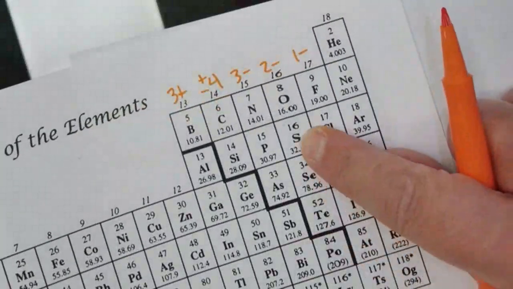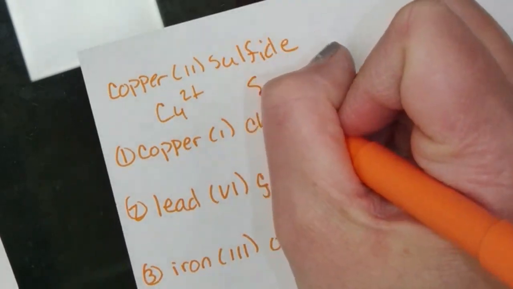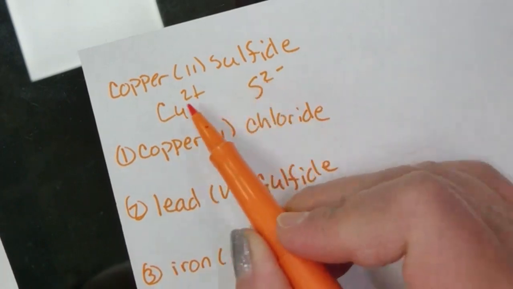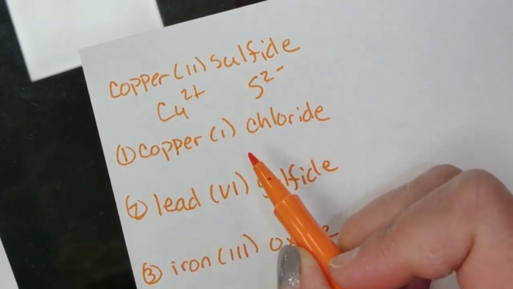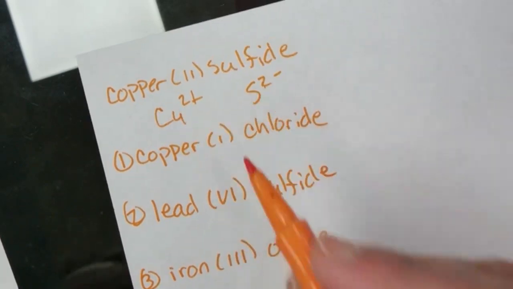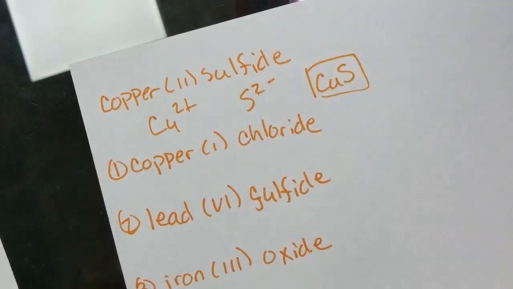Sulfide is always 2-. So when we look at this formula, our numbers are the same, and when you have the same number in the cation as you do the anion, you simply rewrite the symbols.